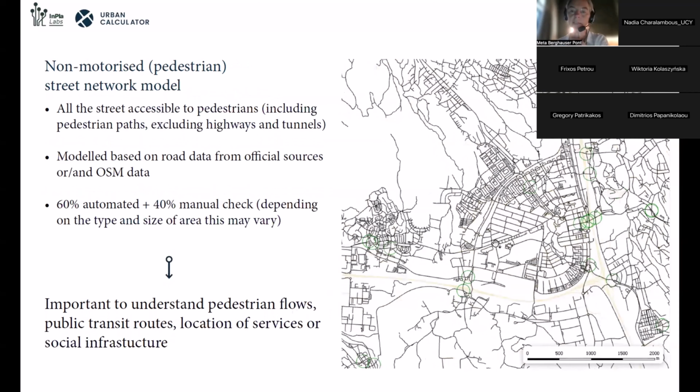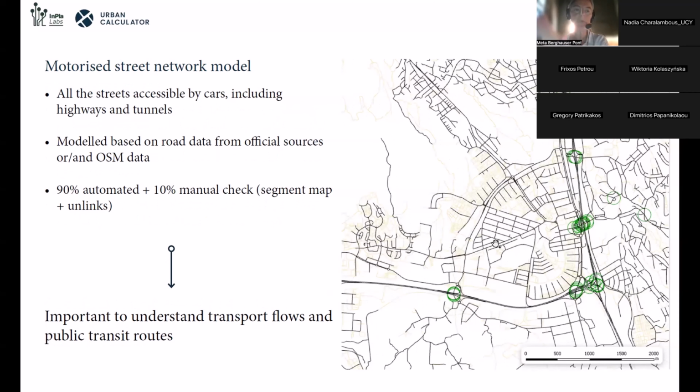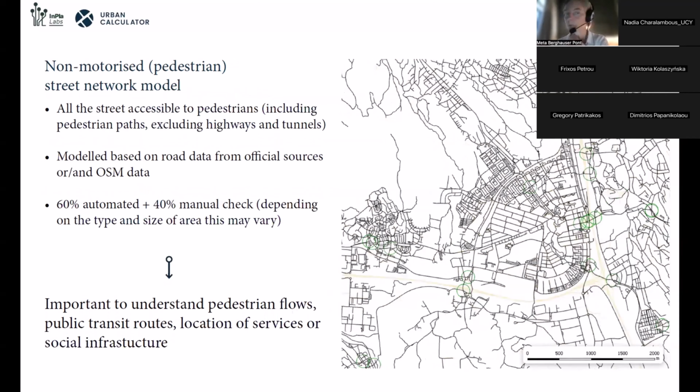And here you see the opposite. If this was the motorized street network model, here we see the non-motorized, the pedestrian street network model. And in the light yellow color, you see the streets that are not included, the highways in this case. Those are part of the motorized, but not of the non-motorized. And all the black lines here are part of the non-motorized network. So be aware that there's a lot of overlap between the two.